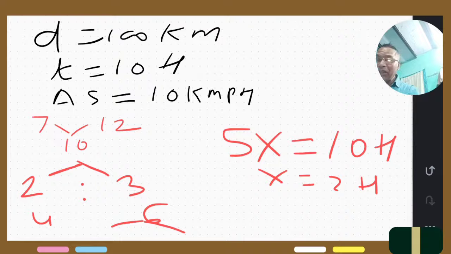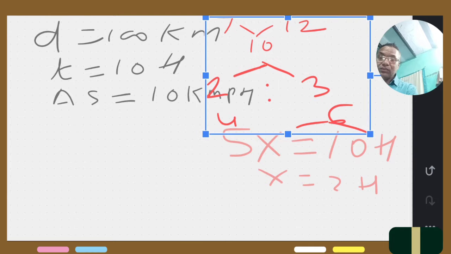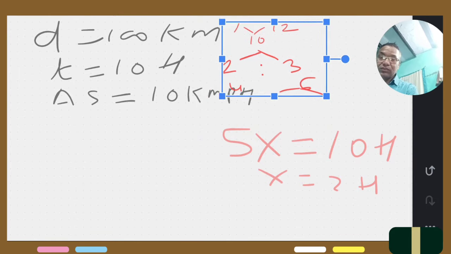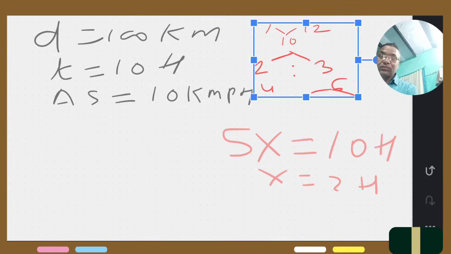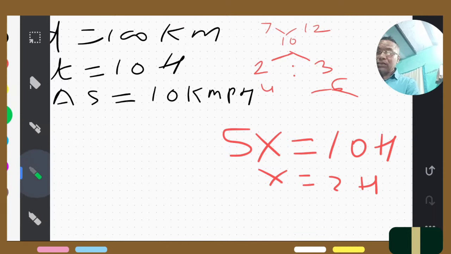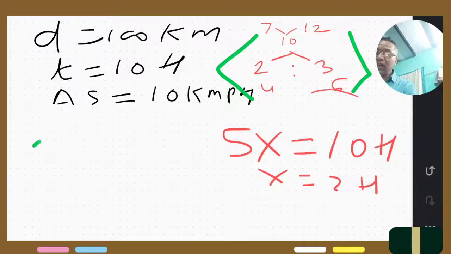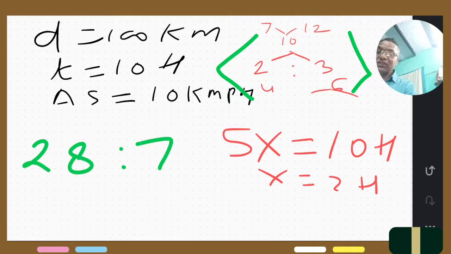So on multiplication, 7 by 4 and 12 by 6. 7 4s are 28 and 12 6s are 72.